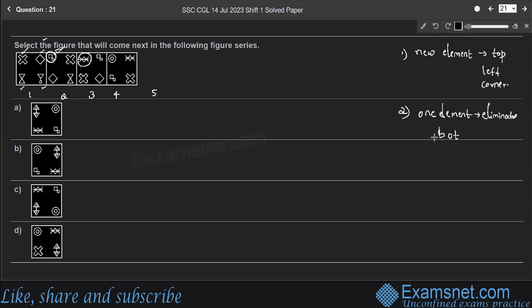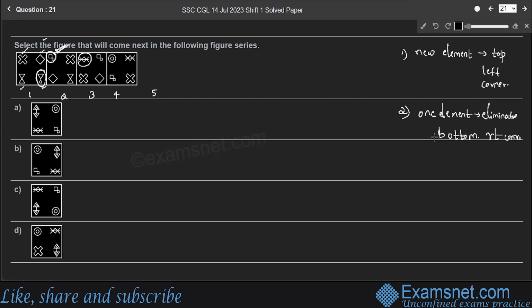So the bottom right cornered element will be eliminated in each step. So in the first step, there was an element like this in the bottom right corner, which is eliminated in the next step, and a new element has been inserted at the top left corner.